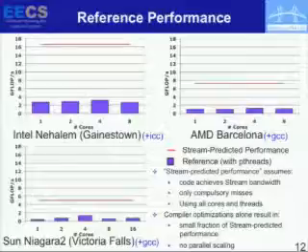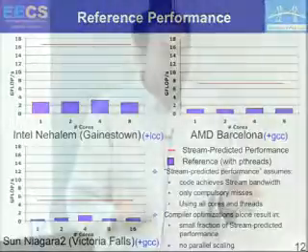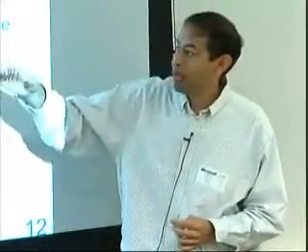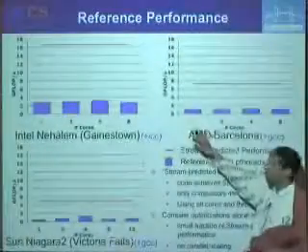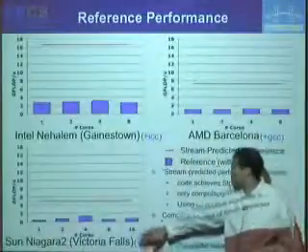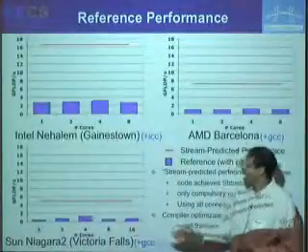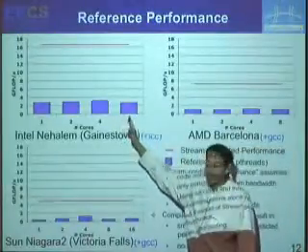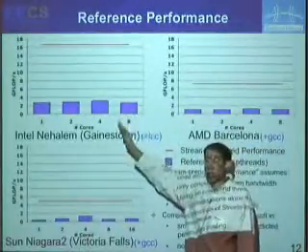So right now, we took that reference implementation and we ran it on all 3 of these platforms, and we plotted the performance as a function of the number of cores we use. The Nehalem and the Barcelona both have 8 cores, and the Sun Niagara 2 has 16 cores. And just to note, when you go to the last set of core counts, that's when you actually go off socket.